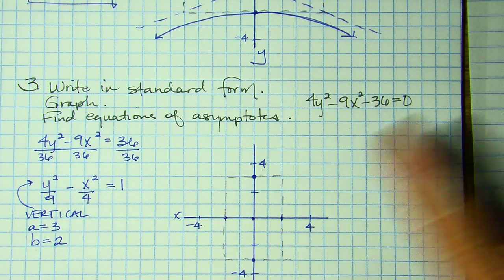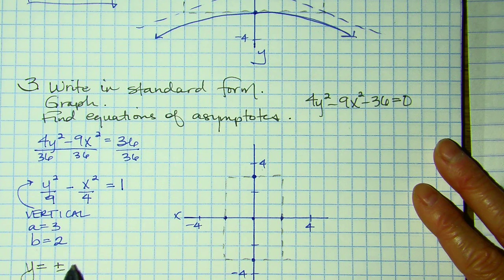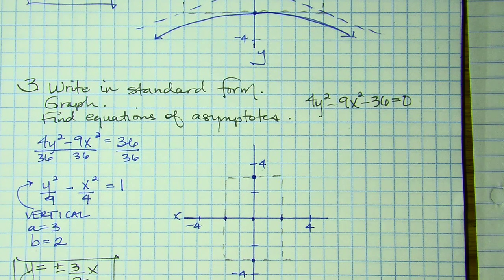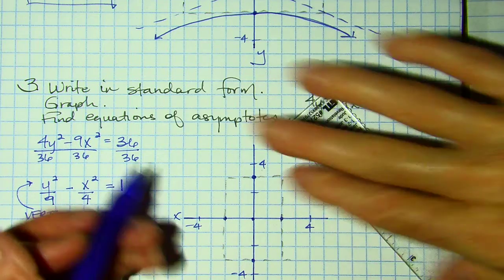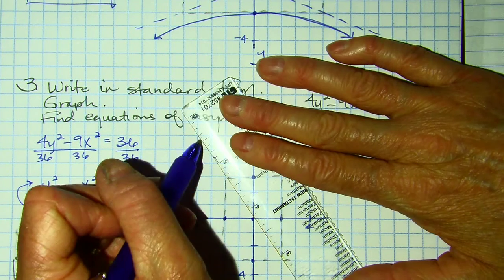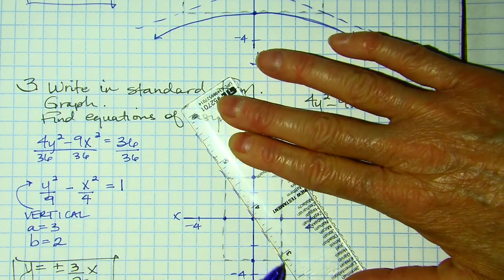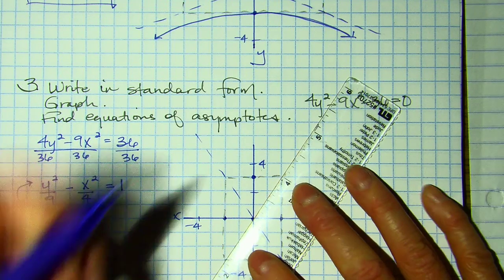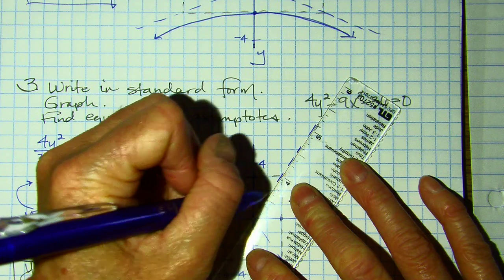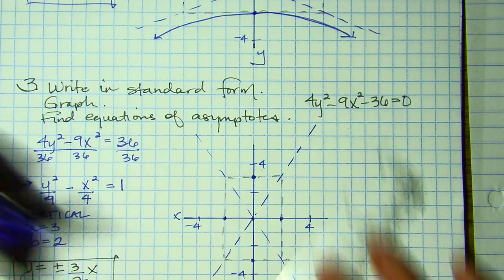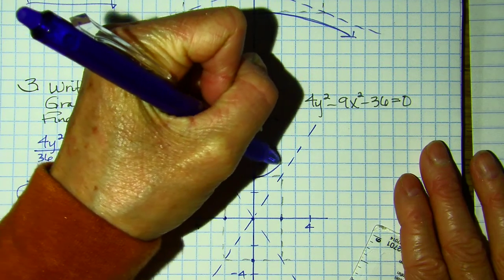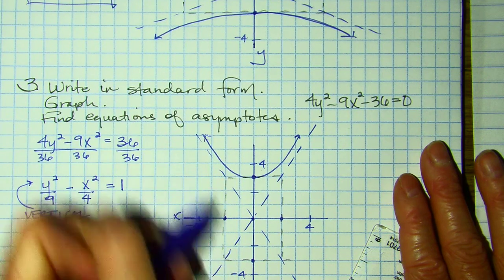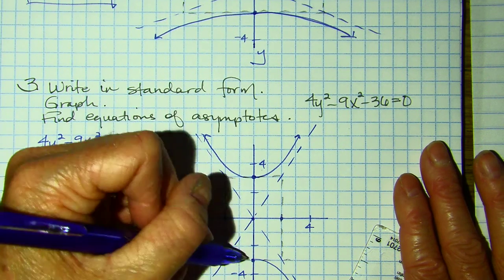I went up 3 over 2. So my asymptotes are plus or minus 3 over 2 x. Then I'm going to draw my asymptotes, and then one through here. And so my graph is vertical, so I am approaching the asymptotes on the top and the bottom.